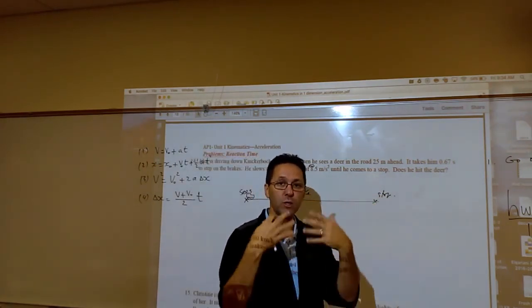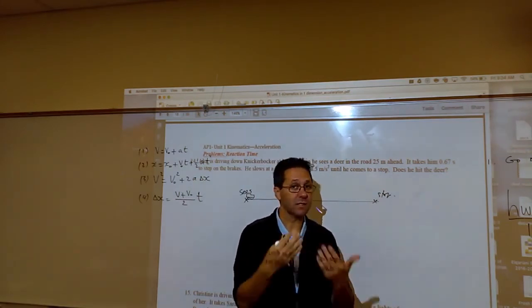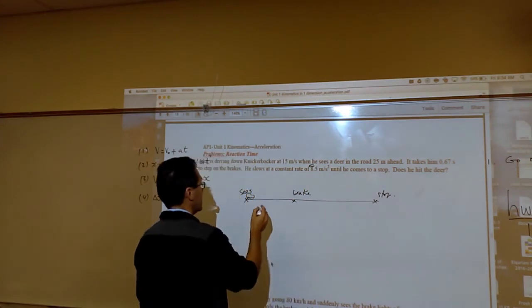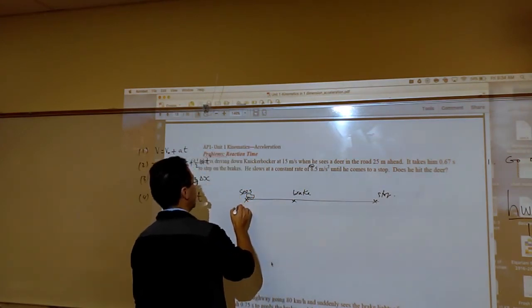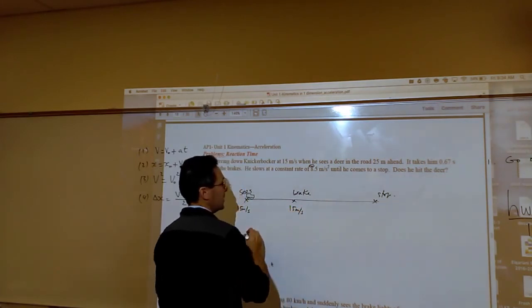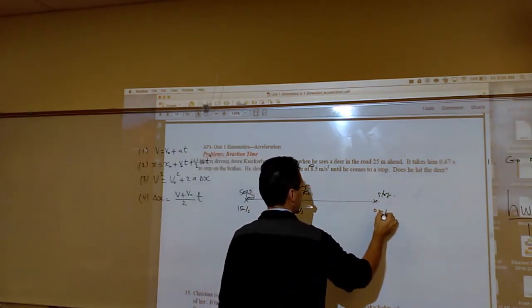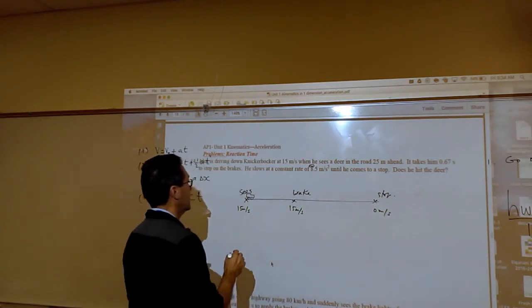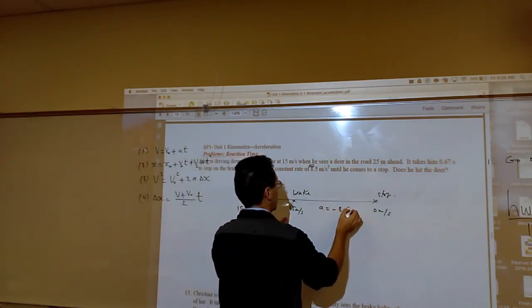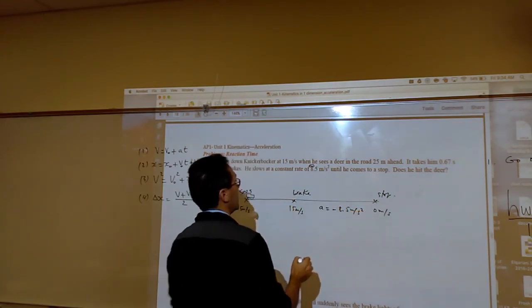If it's more than 25, it means he hits the deer. If it's less, then the deer lives. So he's going at 15 meters per second here. He's also going at 15 meters per second here. And he's going at 0 meters per second here. There's no acceleration here. There's an acceleration of negative 8.5 meters per second squared.